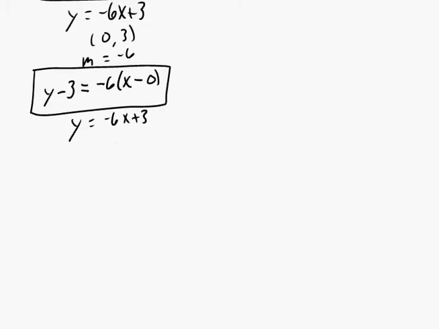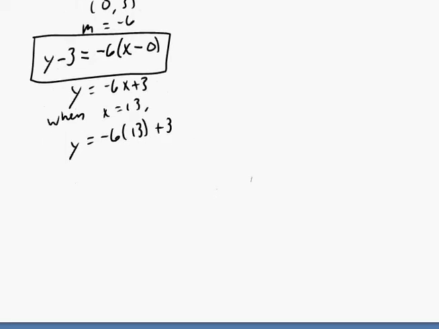We can choose pretty much any value for x that we want. I'll choose x equals 13, since that's my lucky number, and I'll find the y that goes with that. So when x equals 13, y equals negative 6 times 13 plus 3. What is negative 6 times 13?